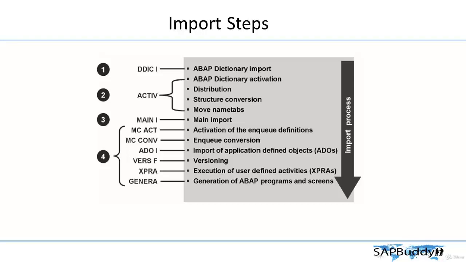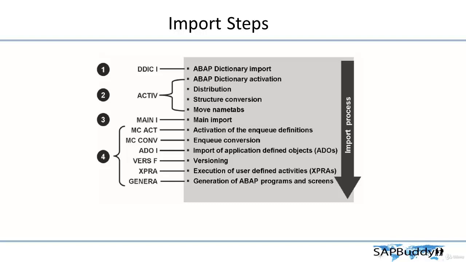The third step is the main import, that means importing all other things except the first and second. And the fourth one deals with all other objects which are not part of the first and second, or we can say everything else.